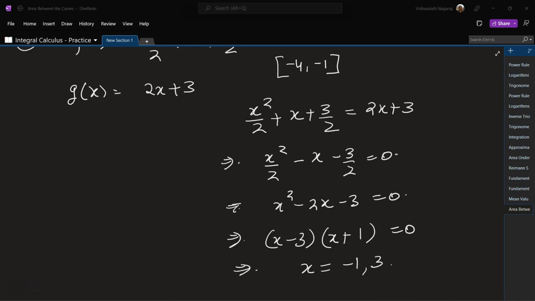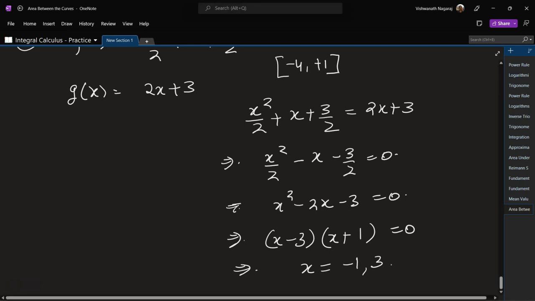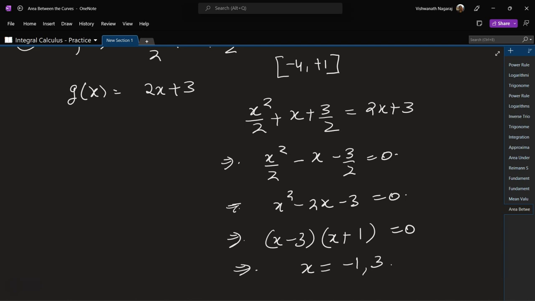Since these 2 points are not relevant, let's make them relevant. So let's make this interval minus 4 to 1 so that we can actually see what is happening here. So our interval minus 4 to 1 will split into 2 intervals: minus 4 to minus 1, and from minus 1 to 3.